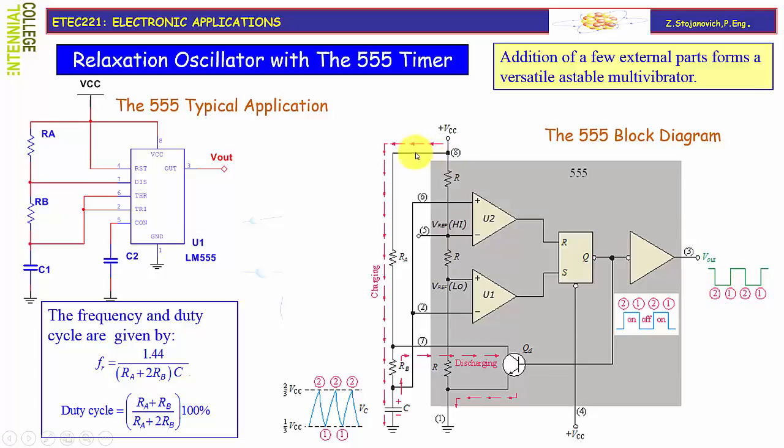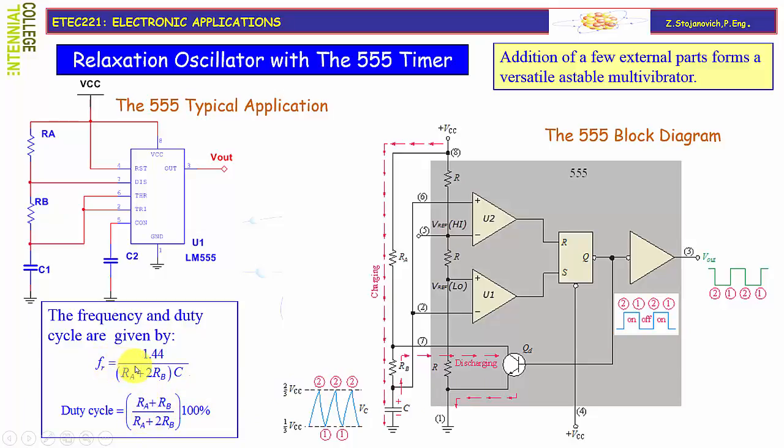During the charging, you will notice that our time constant is Ra plus Rb times C. However, during the discharging cycle, the time constant is defined with Rb times C only. So there is a difference between charging and discharging time constants, making different duty cycles, shown here.